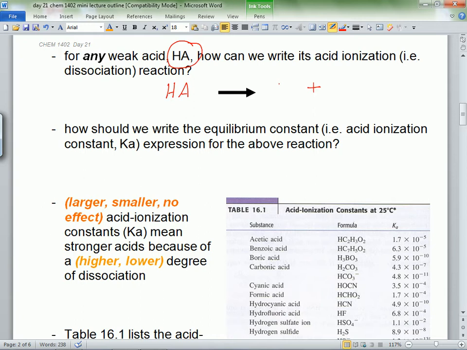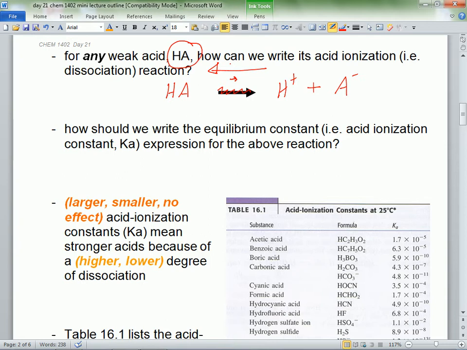H plus and A minus. Now, I don't really like how I have that arrow drawn because that arrow makes it look like it's 100% dissociated. That makes it look like it's a strong acid. So instead, it should be a little tiny arrow going that way and a huge one going back because it hardly breaks up, right?